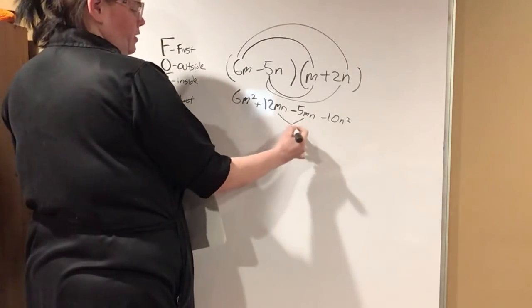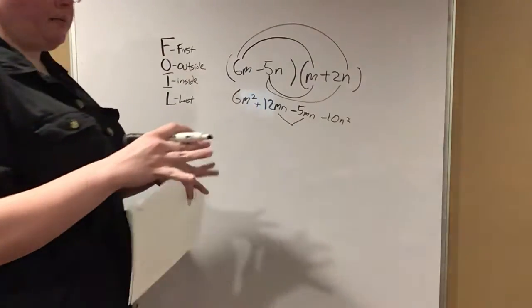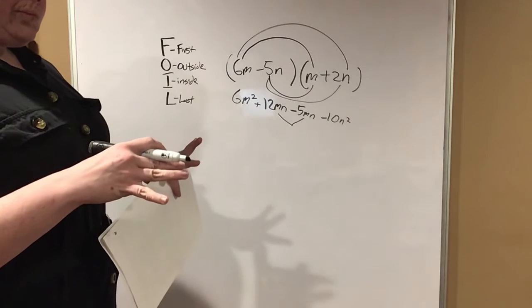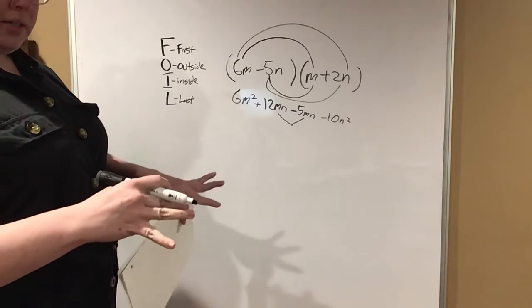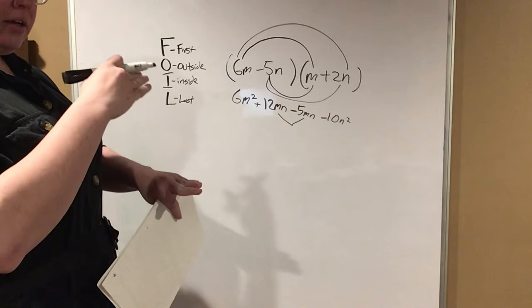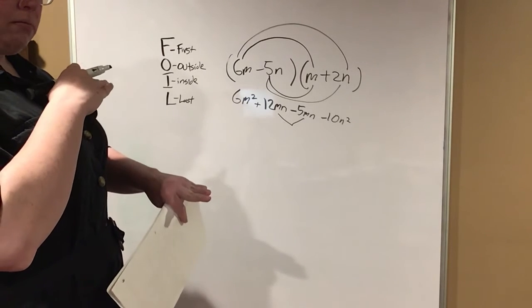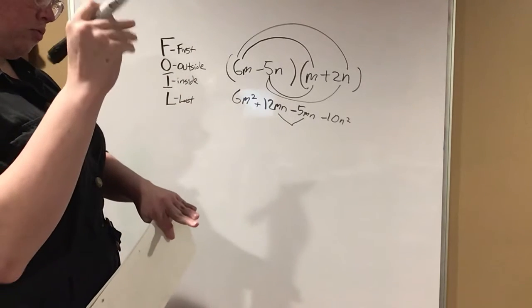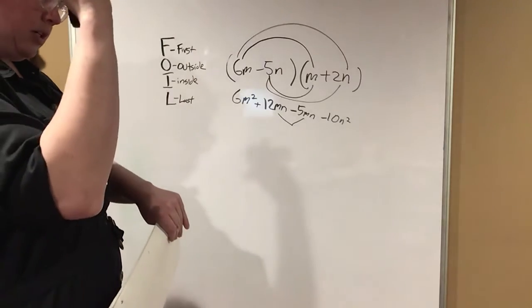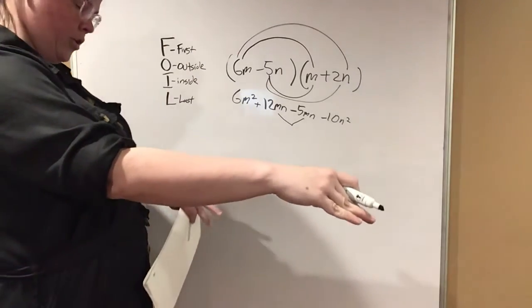Then combine your like terms, and I like to always put my variables in alphabetical order, and then I do the exponents in descending order.